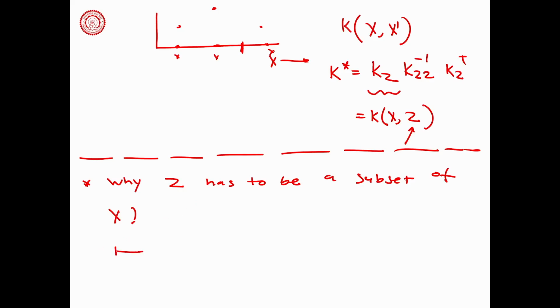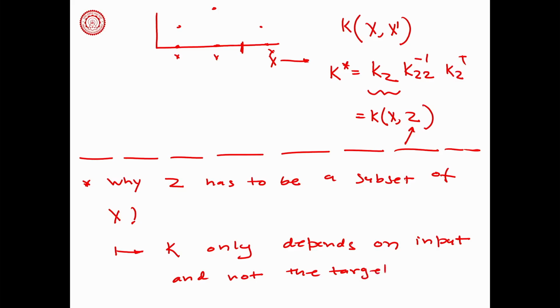K only depends on x, or rather input, and not the target.